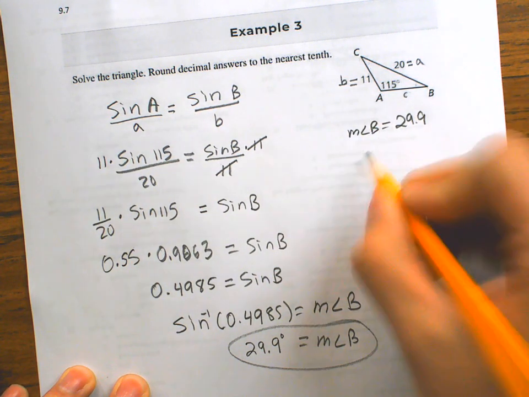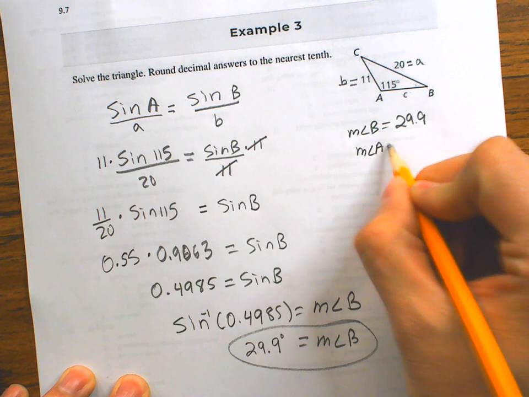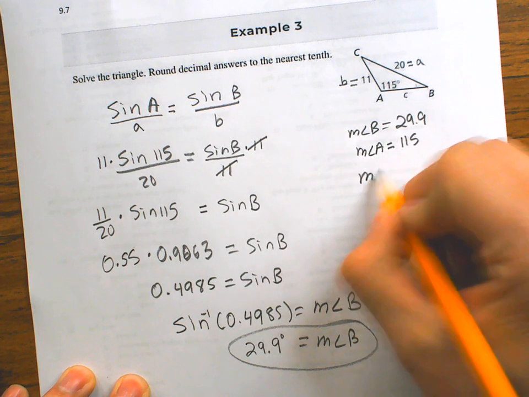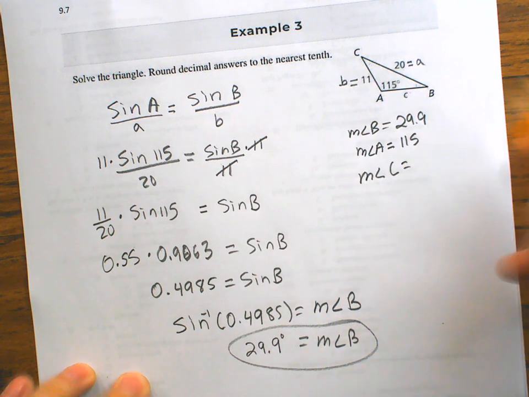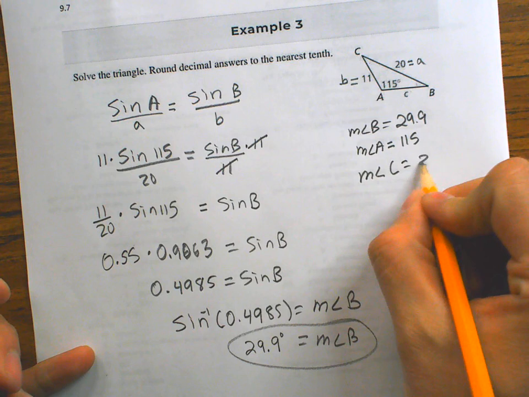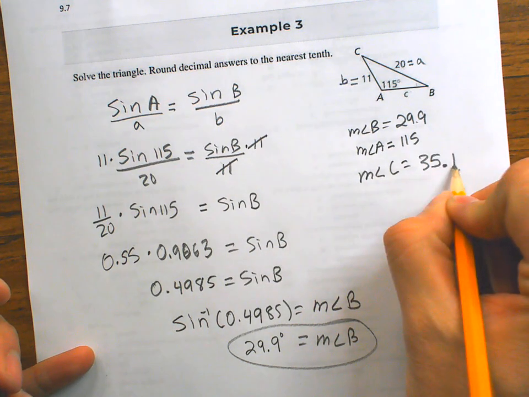We already know the measure of angle A is 115. To find the measure of angle C, all you have to do is add those two together and subtract it from 180. So 29.9 plus 115, subtracted from 180 degrees, gives approximately 35.1.